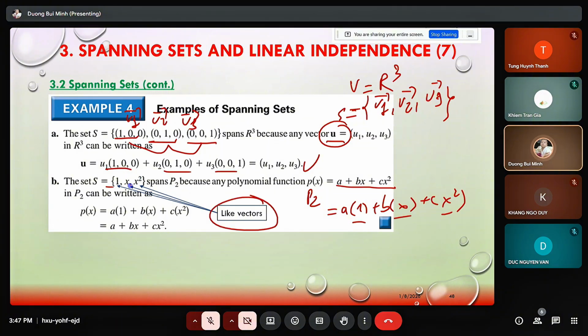Three vectors. This is a linear combination of 3 vectors: vector 1, vector x, and vector x squared. Different vectors, not elements, right? Because this is set S, and the set S contains many vectors.